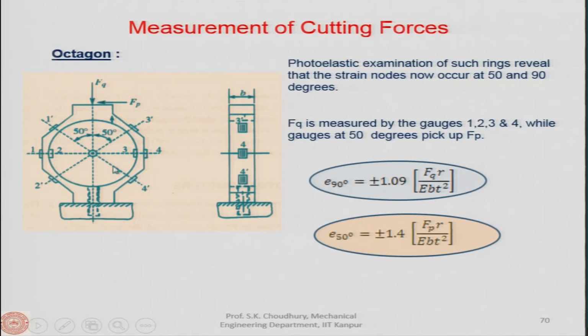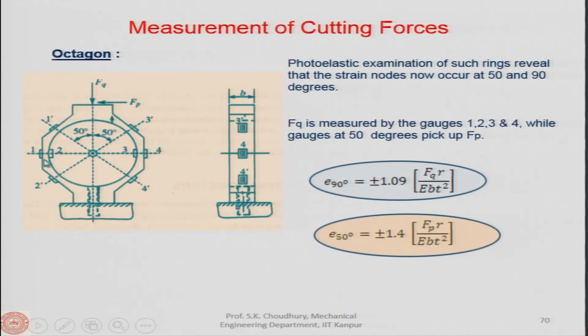And these axes are at 90 degree with respect to the vertical axis, or with respect to the vertical axis it is at 50 degree angle. At that angle, 1 prime 4 prime and 2 prime 3 prime are attached fixed.